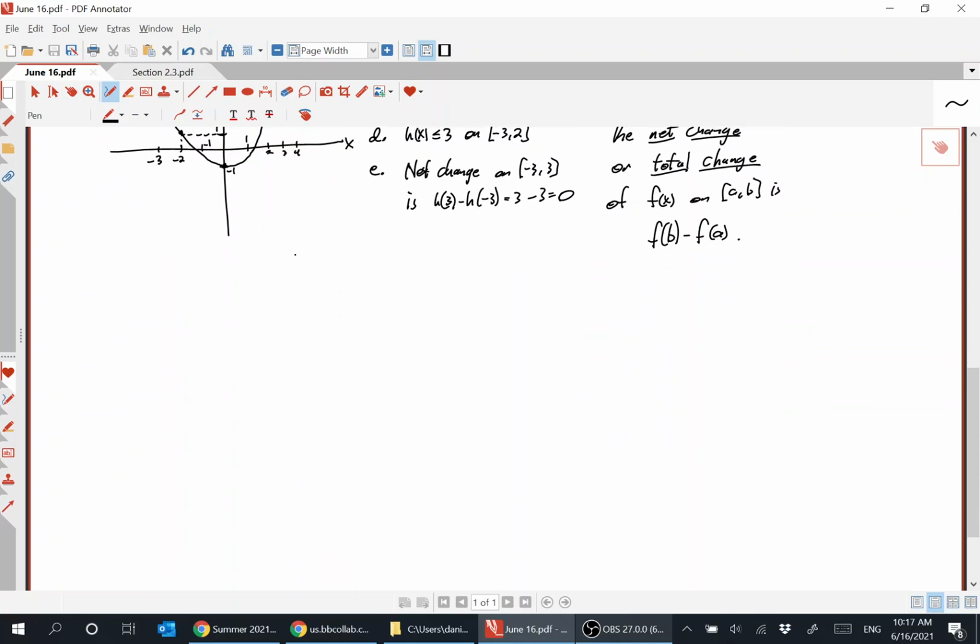Number 9, they're giving you two functions, f and g, in the graphs, in the picture. So let's see, g does something like that. F is doing something like this.